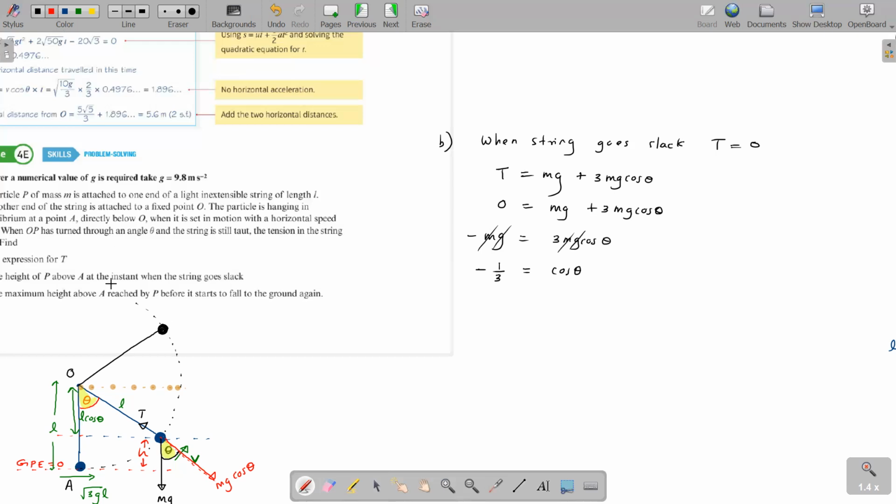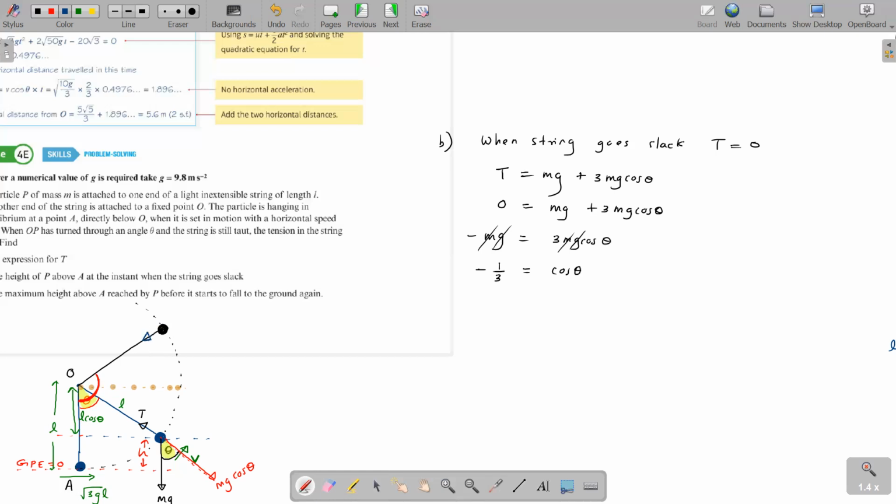Cos inverse minus 1 over 3 is 109.47, something like that, about 109. So when you make an angle of 109 degrees with the downward vertical, that's when the string goes slack. You guys are with me?